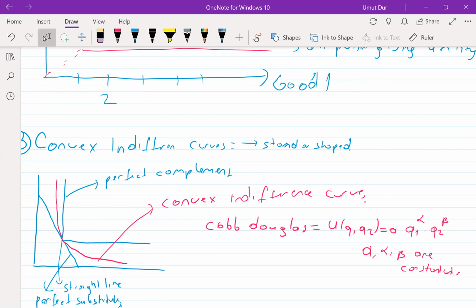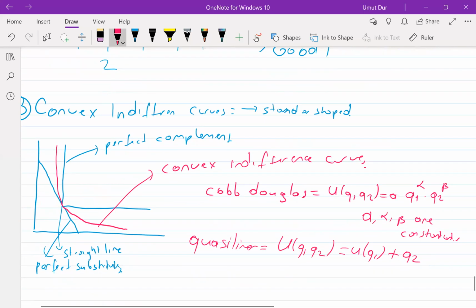The second one is quasi-linear. It will have a shape like this: utility of Q1 plus Q2. Here this is a convex function, some function of Q1.